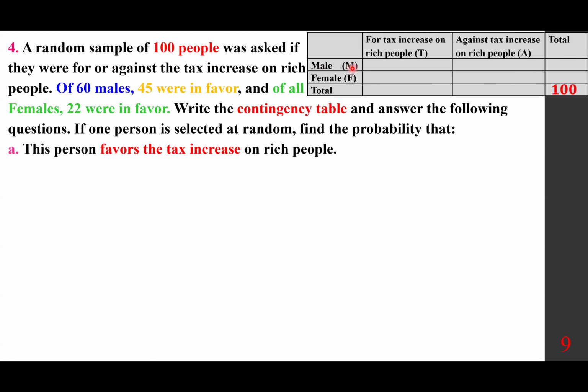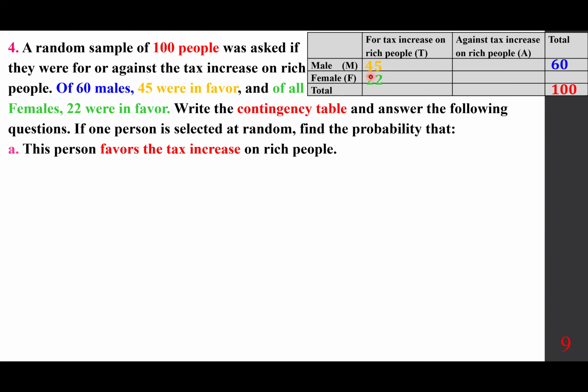So here's M. The entire population of males is 60. So 60 goes here. 45 were in favor, so for tax increase, 45 goes here. Of all females, so the female row, 22 were in favor. So 22 goes here.